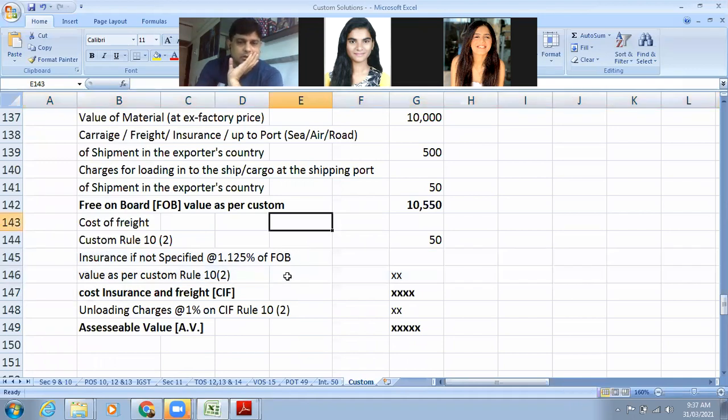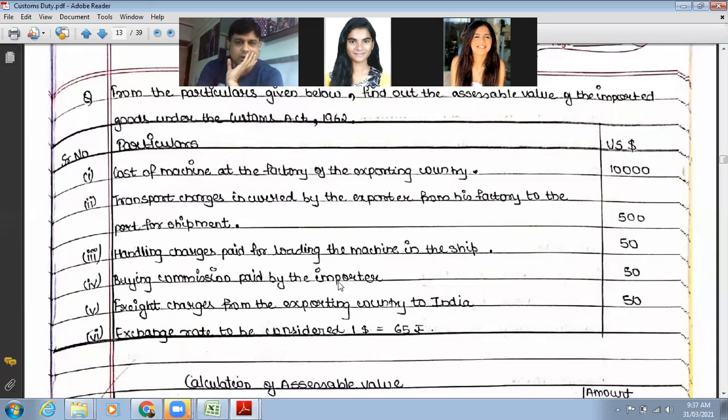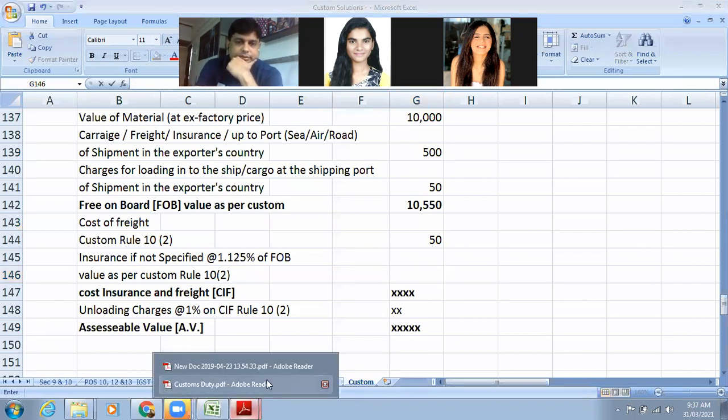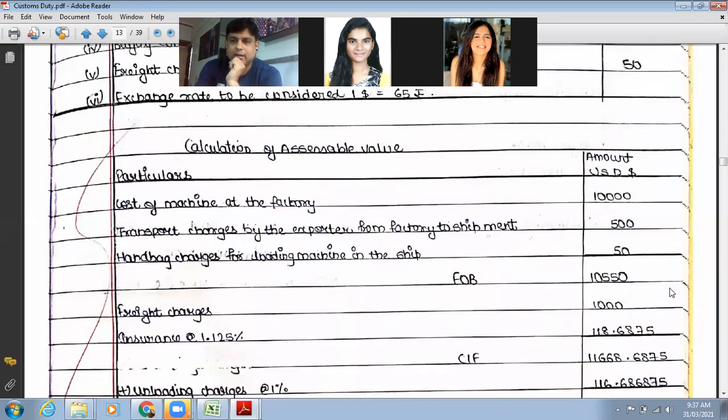Now, insurance. Just check, insurance is not there. But insurance needs to be taken. So how much insurance will you take? Insurance I require is 1.125% of FOB. See how much it comes to. 10,000.